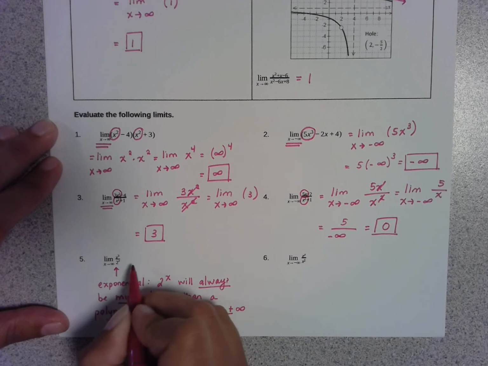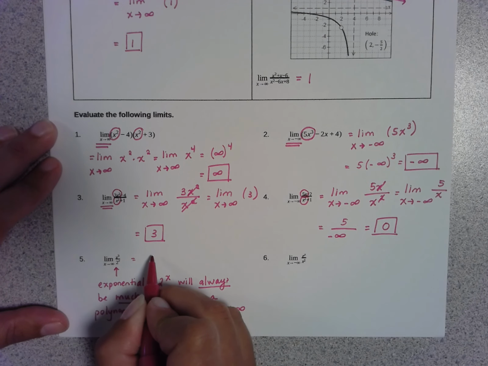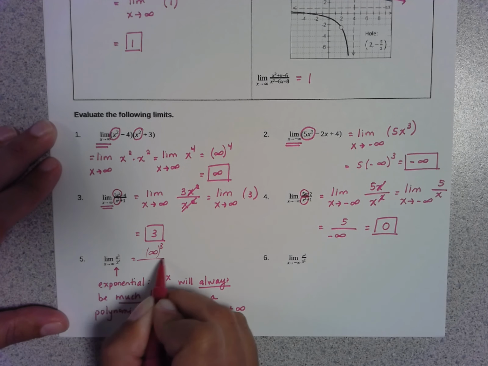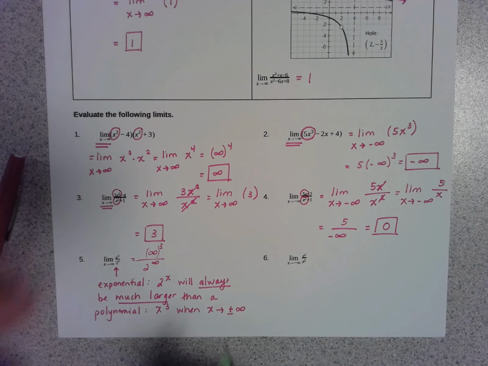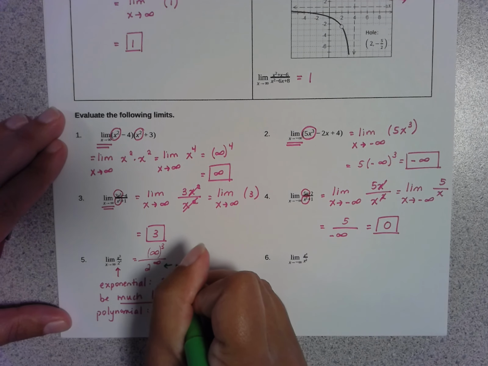So because of that, when we substitute infinity here, the infinity cubed on the top and the 2 to the infinity on the bottom, this bottom function will be much, much larger.